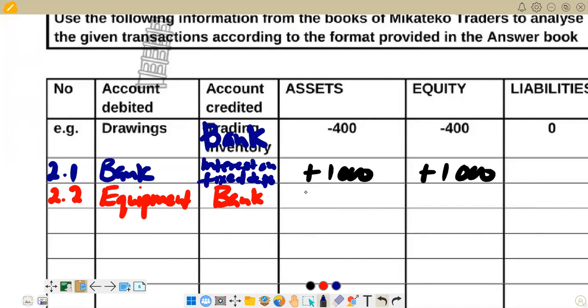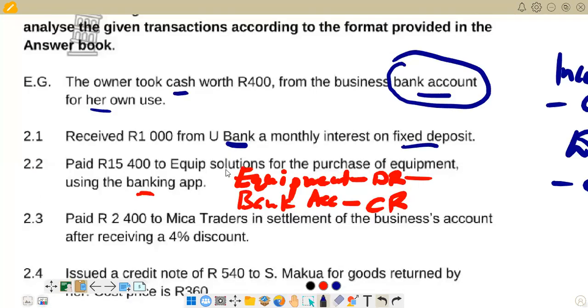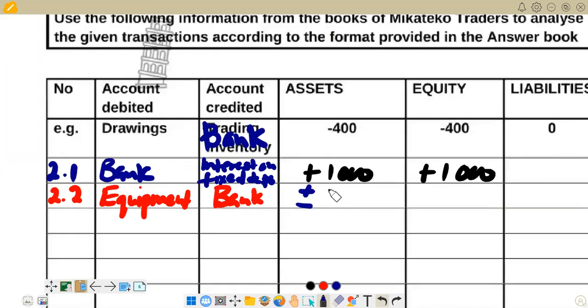So you see that here, it's a plus and a minus, and then we check the figure that we have for that transaction. We have 15,400, so we are going to put that one. It means here we've got a plus 15,400, and also a minus 15,400.